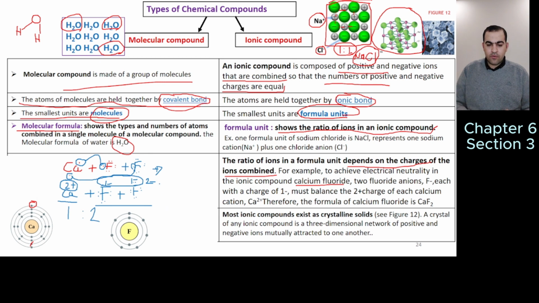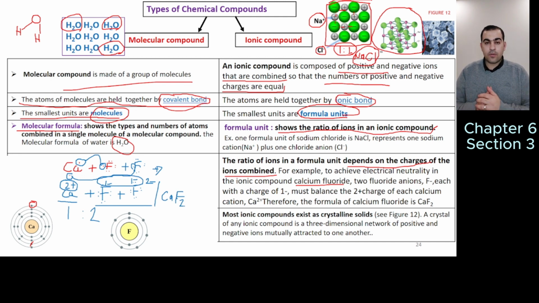If I write the formula unit, I write calcium, its symbol, and there are 2 fluorine. That's why this is the formula unit of the ionic compound of calcium fluoride.